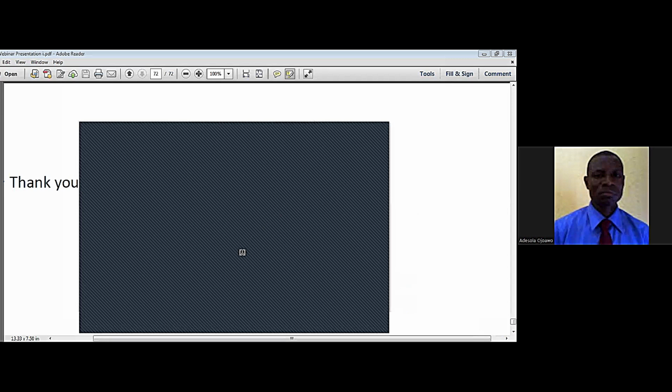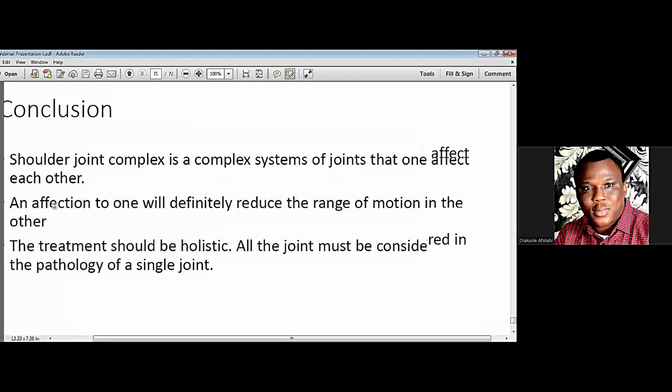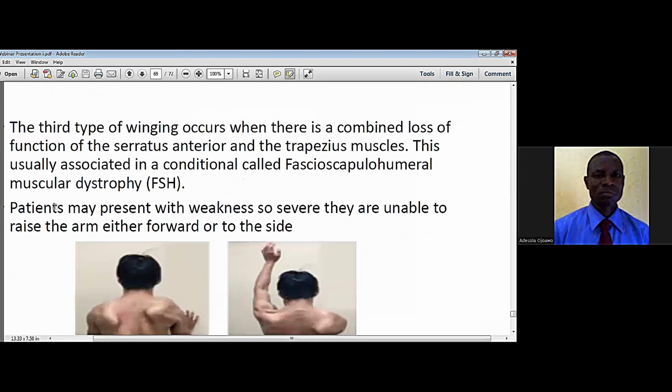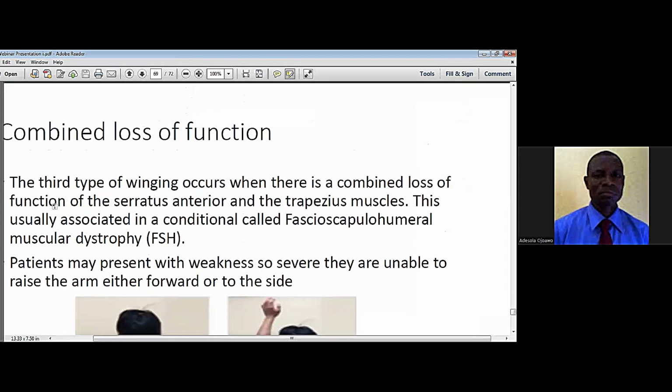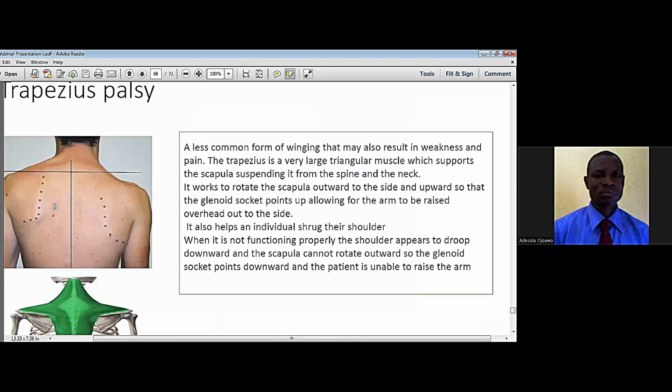Yes, thank you. Depending on the causes of the winged scapula, I've put a lot of causes here. After the assessment, you will try to understand what the cause is.